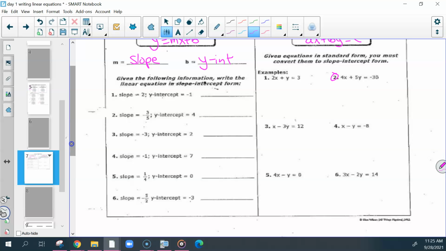So for number 2, remember our goal is to get y by itself. So we need to get rid of our x term by subtracting the x term to the other side. I'm going to go ahead and switch these two so it starts to look like it's in our slope-intercept form. And then we need to divide each of these terms by 5.